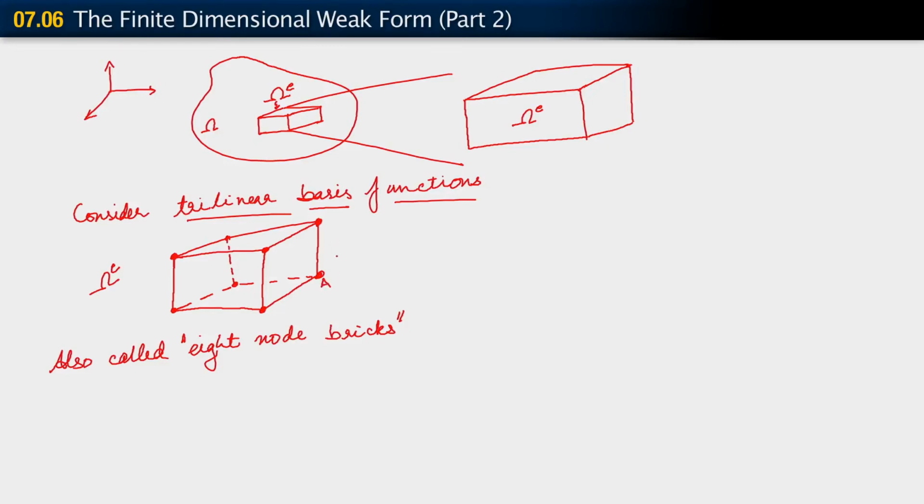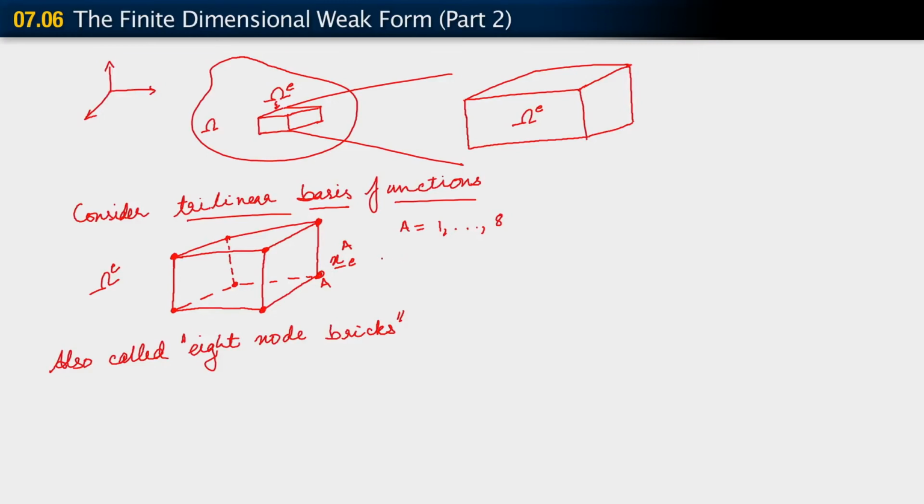We are going to denote the coordinates of that point as x sub e sup A, and of course here A equals 1 through 8.